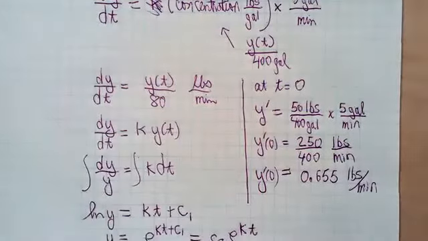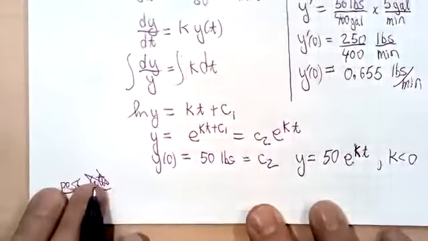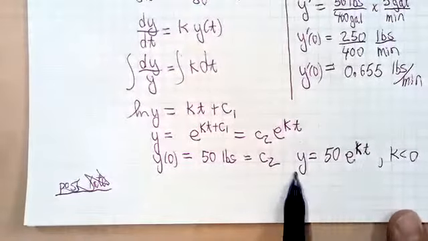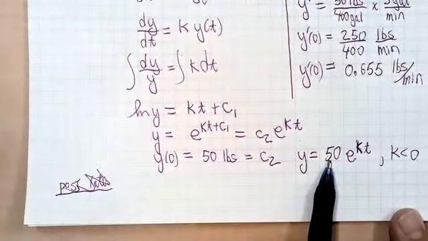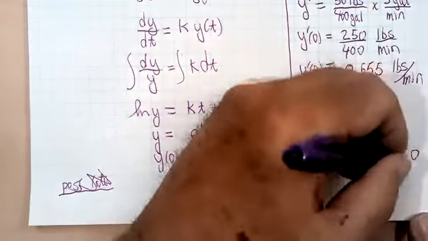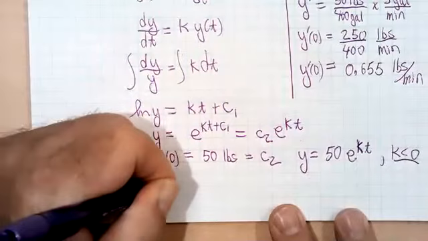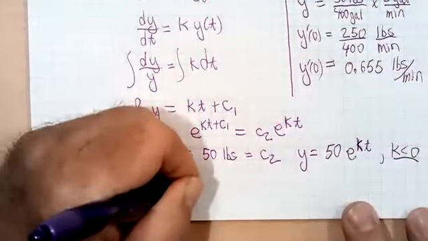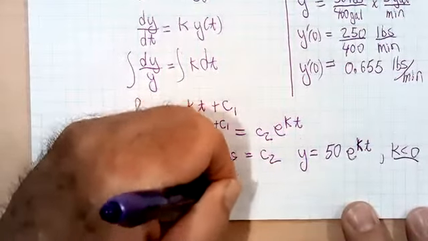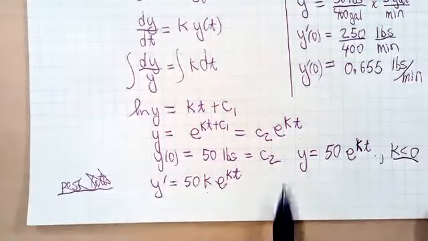Okay, so I think later has come. So here we are. We know that our solution looks like this: y equals 50 e to the kt. Oh, and I wrote, oh no, that's actually a correct statement. So y prime equals 50 k e to the kt. That's a chain rule factor. The derivative of kt is k.